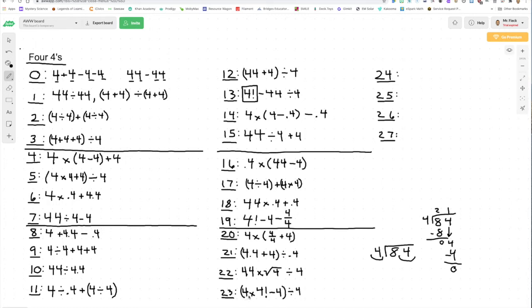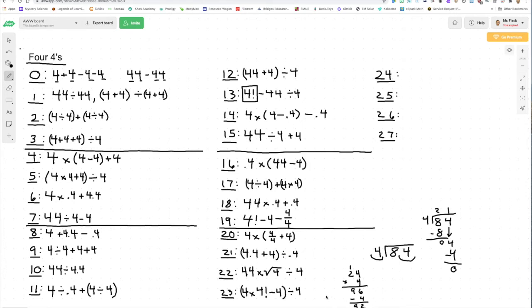So that's 4 times 24 minus 4, divided by 4. So 4 times 24, that's going to get me 96, so minus 4 is going to bring that to 92.